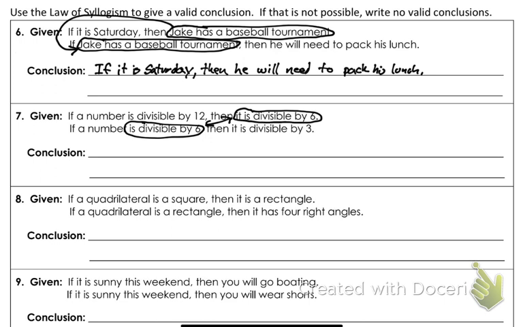So this said, if a number is divisible by 12, then it's divisible by 6. If a number is divisible by 6, then it is divisible by 3. So we can cut out this middleman and just write it as, if a number is divisible by 12, then it is divisible by 3.